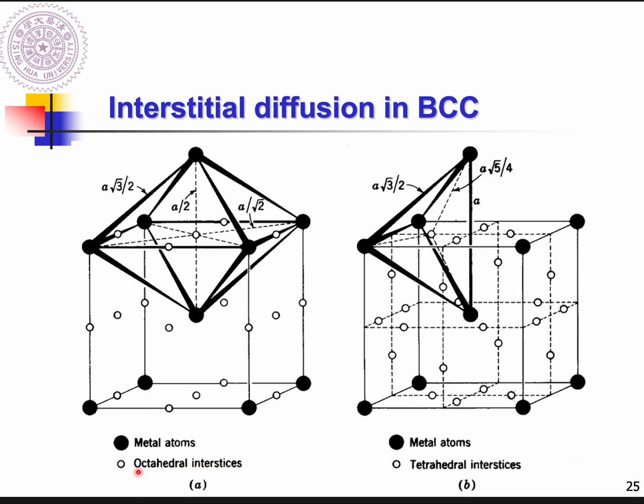So what's the octahedral interstitial site? If you take this interstitial site as an example, this position is located at the center of this octahedral structure, right? It's at the center. And figure B represents the other kind of interstitial site.